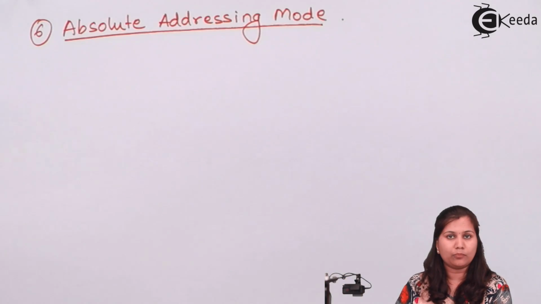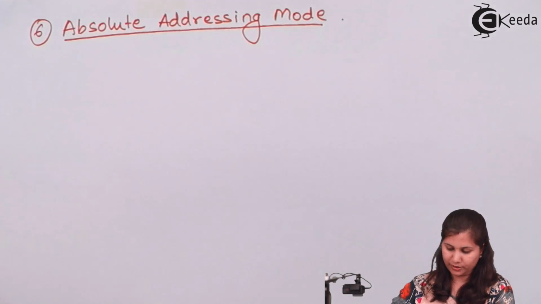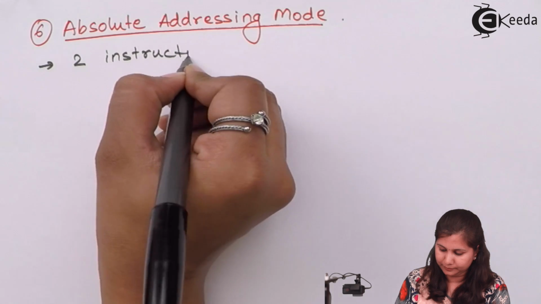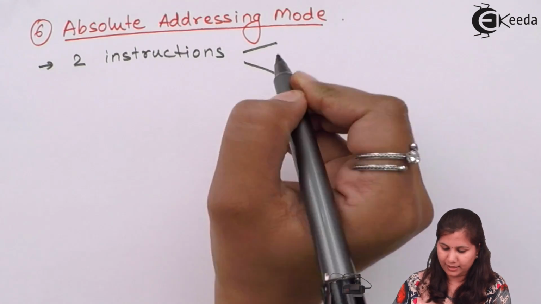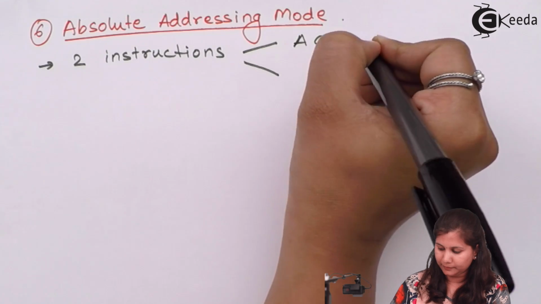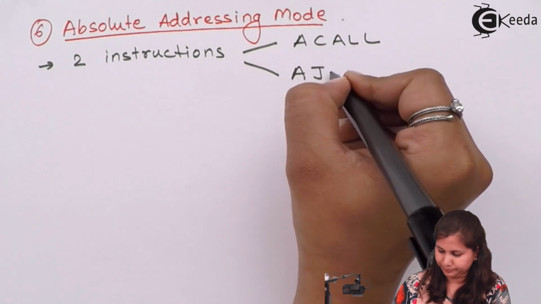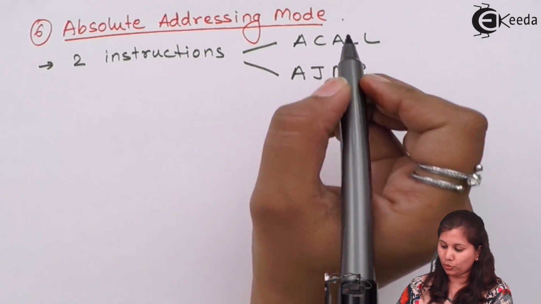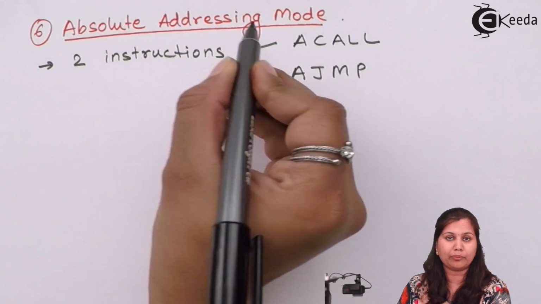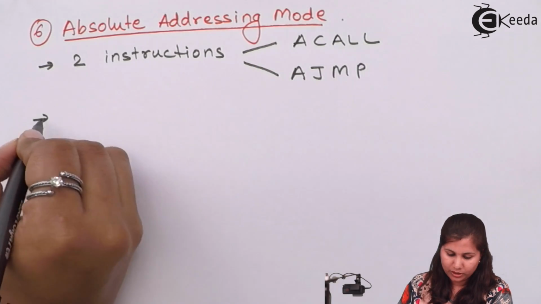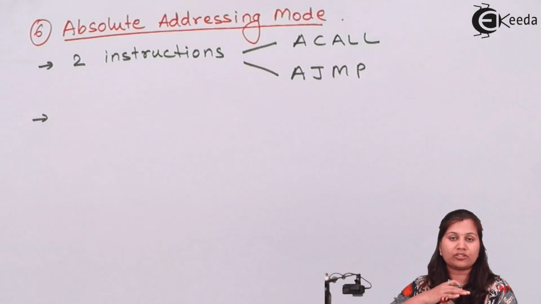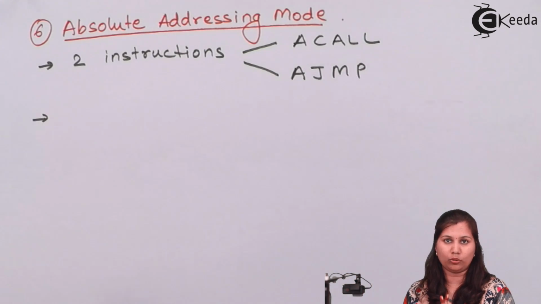This absolute addressing mode is used only with two instructions. These instructions are the absolute call and absolute jump. This is absolute call and this is absolute jump. So only these two instructions use this type of addressing mode. In this addressing mode, because call and jump both transfer the program control, the microcontroller jumps to some memory location.